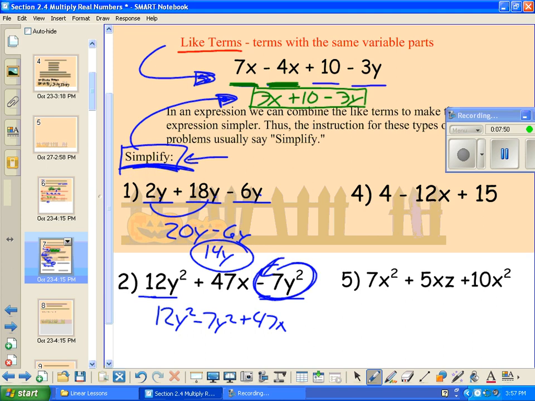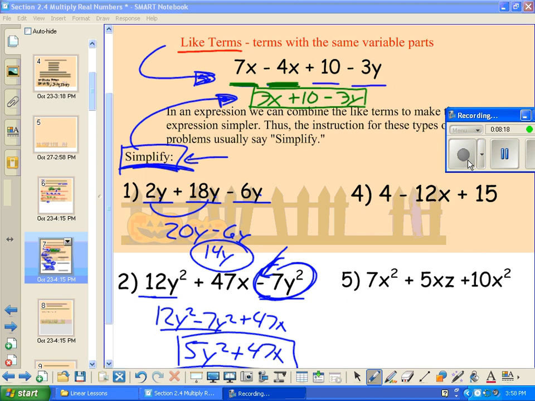So in this case, because it's subtraction, I have to subtract that term from the 12y squared. When I combine those, 12 minus 7 just gives me 5, so it's 5y squared plus 47x. And again, I can't combine those anymore. Those are different variables. So I cannot combine the y squared and the x. I can only combine like terms when I'm simplifying a problem like this.